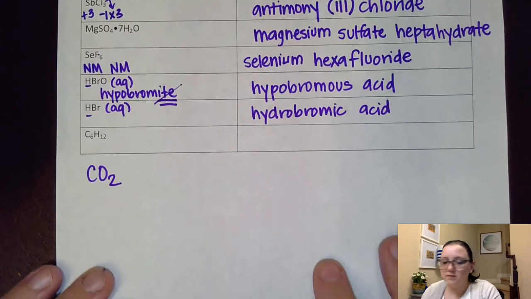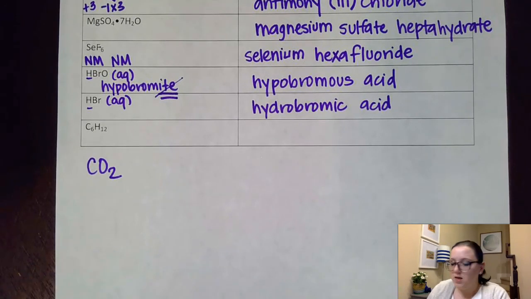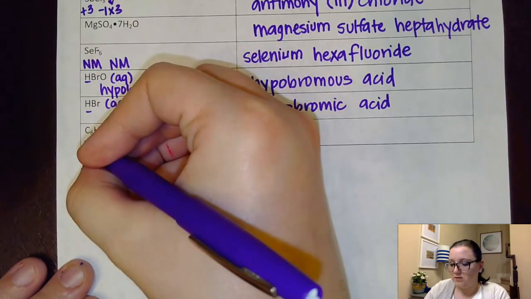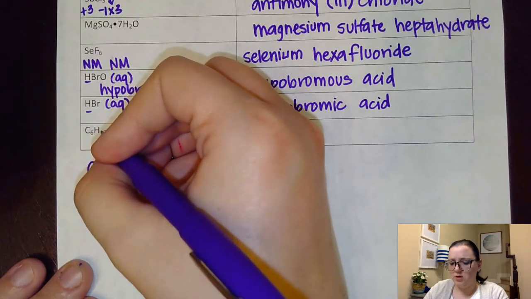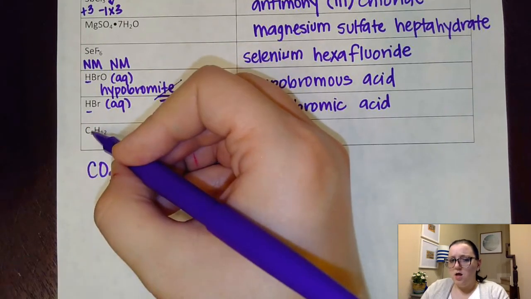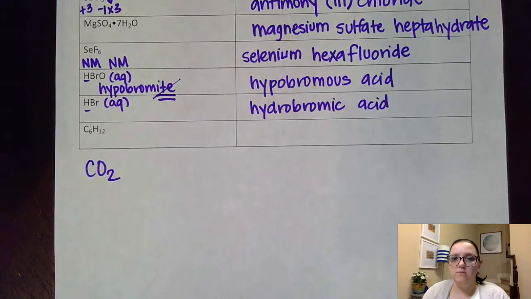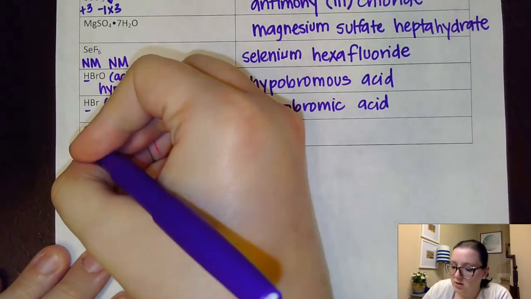All right, last but not least down here, we kind of already talked about this one. C6H12, first off, I see just carbons and hydrogens. I always watch out for those when I have those covalents. I would recognize this as being a nonmetal and a nonmetal, but I see it's just carbons and hydrogens. So that means I'm going to use those one name kind of organic format to it, okay? So first, look at the carbons.